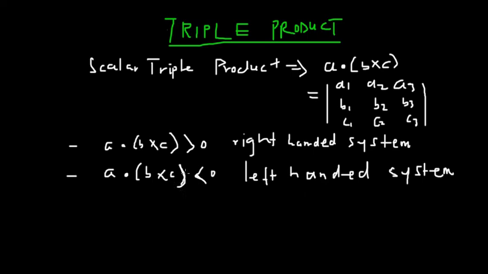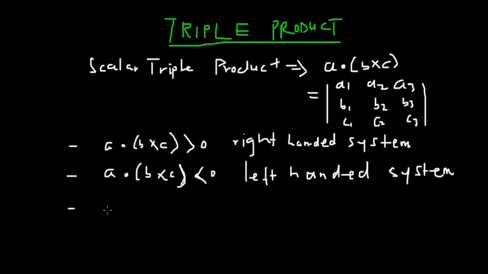Then whenever you do similar and your scalar triple product is negative, less than 0, it means your scalar triple product is a left-handed system. You have a left-handed system scalar triple product. Now you could also meet other principles.